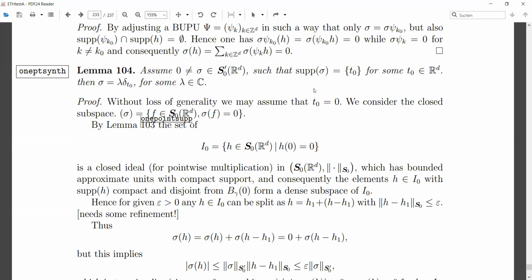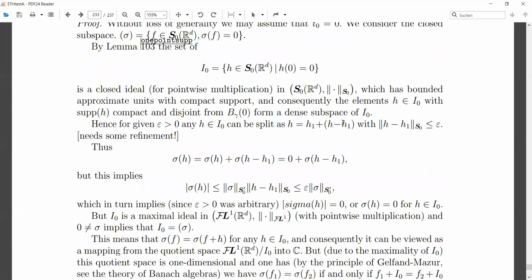That's the trick. Now, we use this lemma that you can approximate every function, this was the bandpass filter, by a function h1 which is not only 0 at the point, but nearby, and with compact support, and the difference is small. So we write the function h in this ideal as h1, which is the good one, plus something which is small. What happens if you apply such a functional?